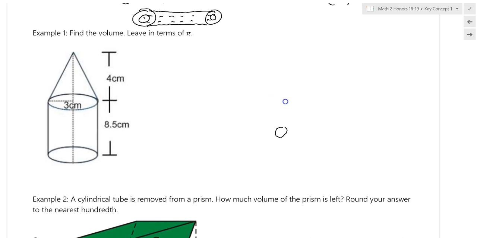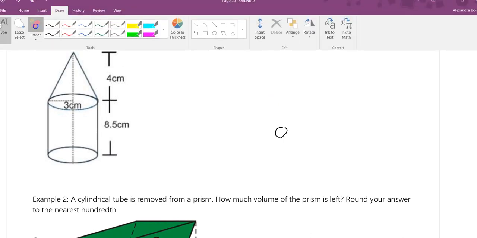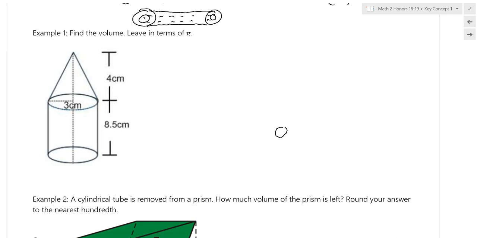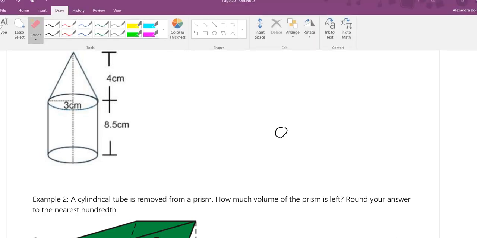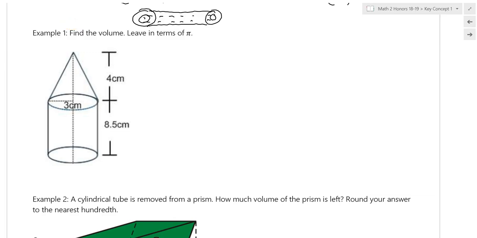So let's look at some examples. So here we have to decide what our two shapes are. Our first shape here is a cone, and we have a cylinder.